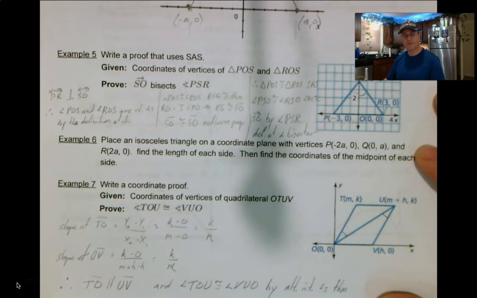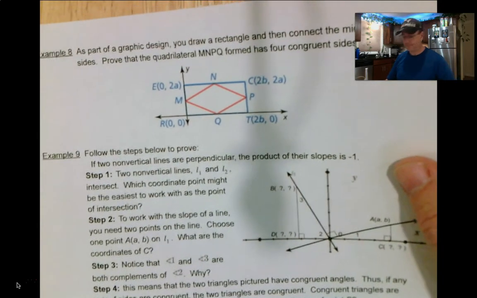I didn't have to do a 2-column proof or anything like that. I just did the algebra and drew the conclusions from the algebra. That was example 7. Example 8.